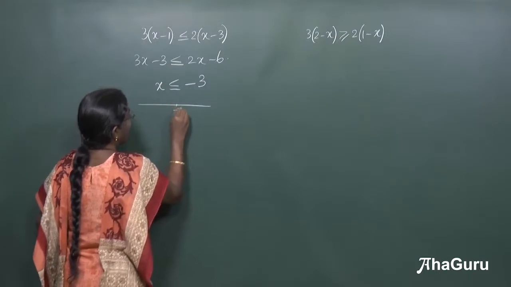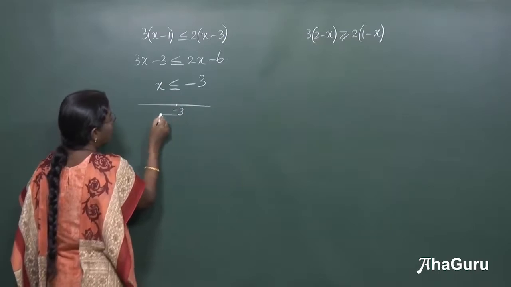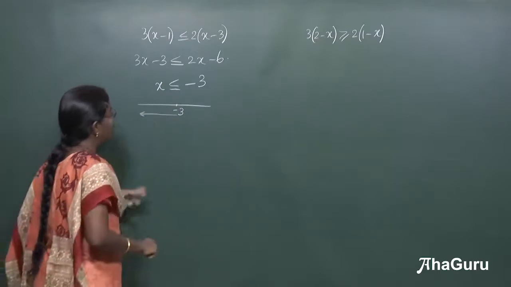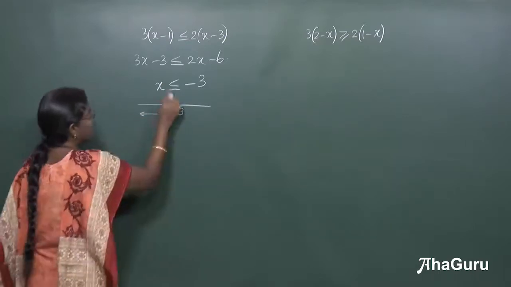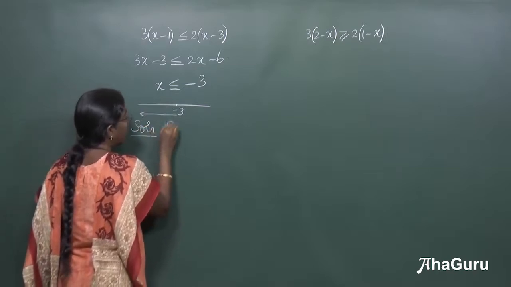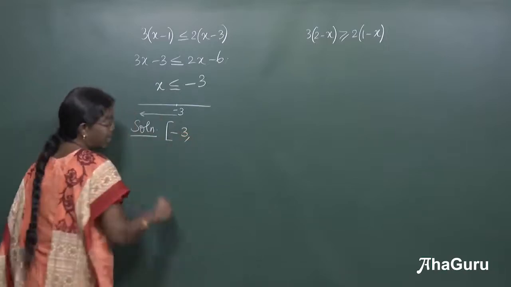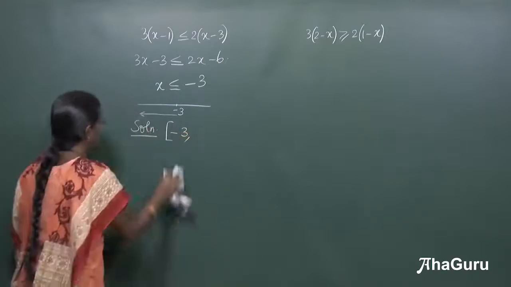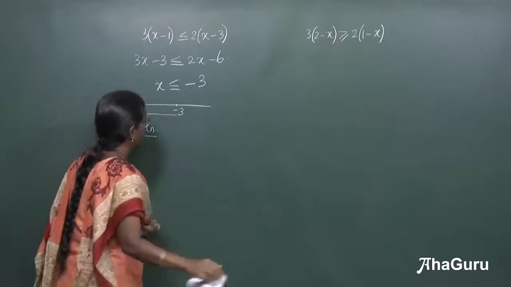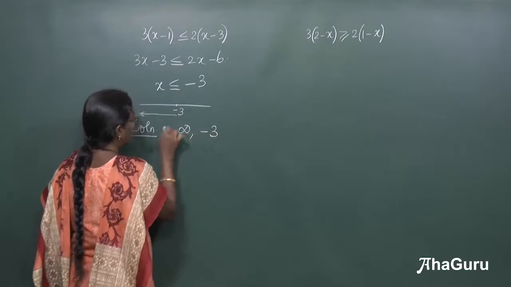On the real line, if minus 3 is here, the solution is all values of x which are less than minus 3, and minus 3 included. So, the solution set here will be all values which are less, so it will be minus infinity to minus 3.